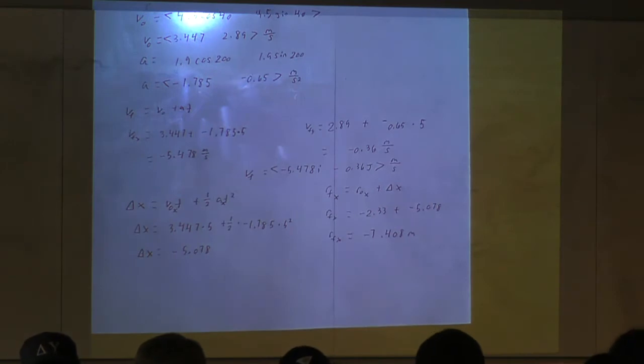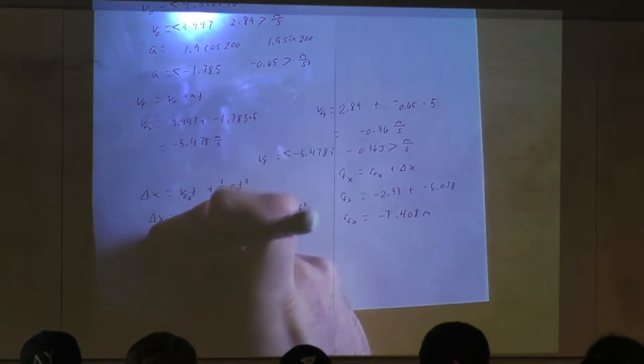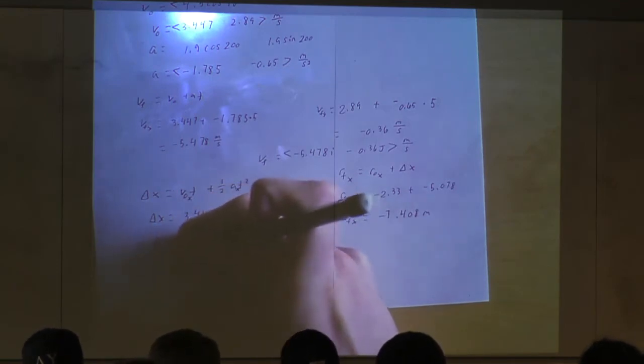Okay, so now let's do the same thing with y, and then we're pretty much done. We just have to combine it back into a vector. So do the same formula for y.